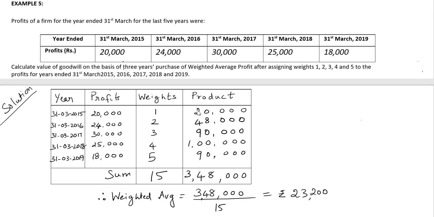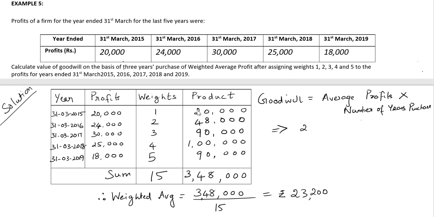Let's go on to calculate goodwill. The formulae for goodwill. Goodwill is equal to the average profits into number of years purchase. The average profits, the weighted average 23,200 rupees into the problem.